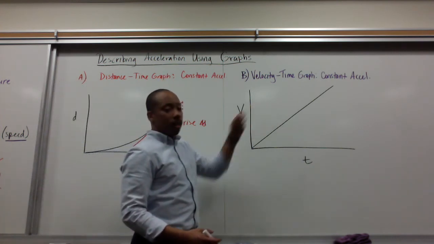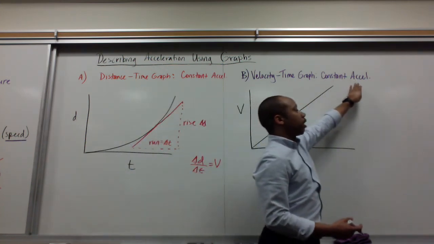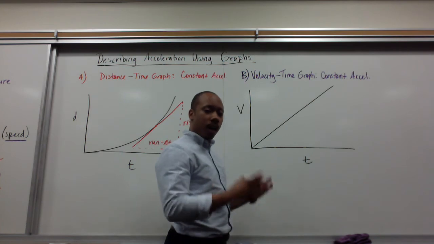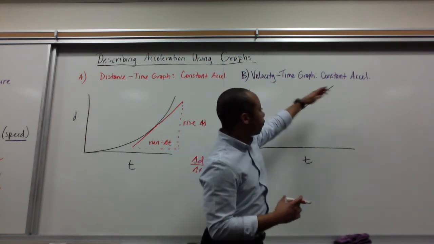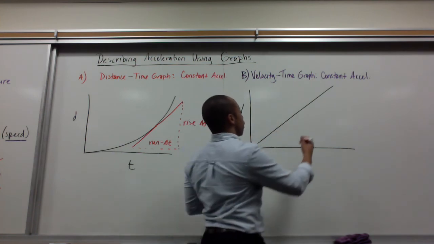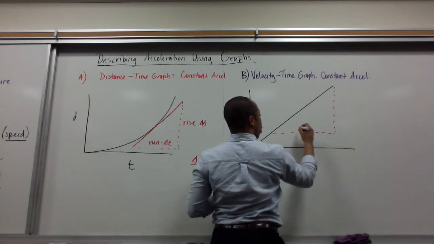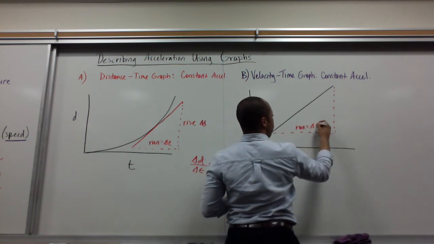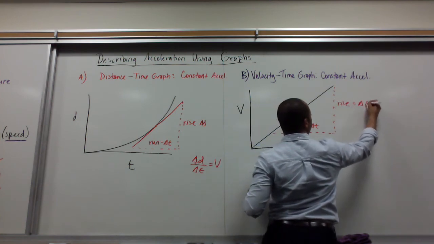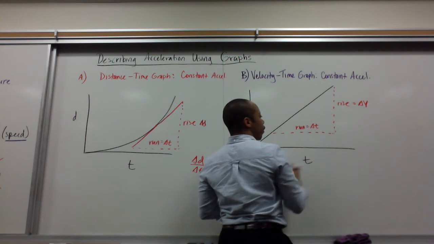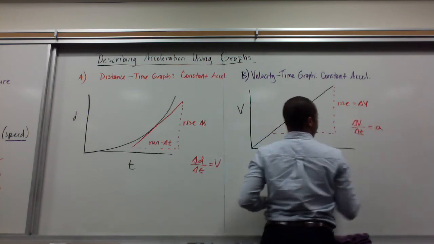Now over here, graph B, this is a velocity time graph with a constant acceleration. Here's where it seems a little more constant visually. We have a constant slope here, and we know that my rise over run, rise is delta v over delta t, is equal to my acceleration.